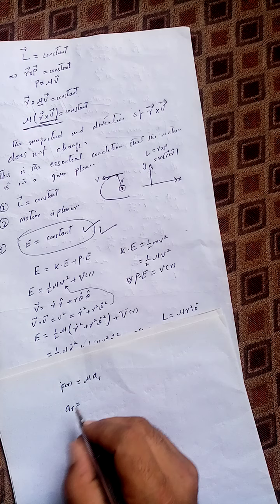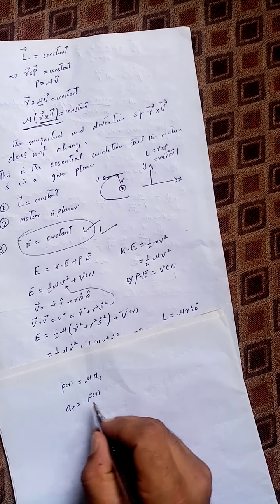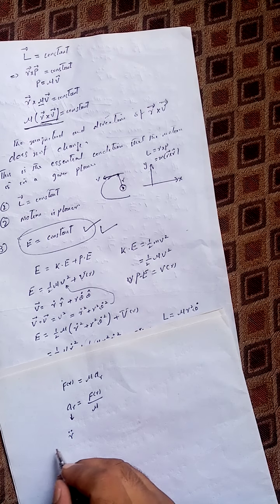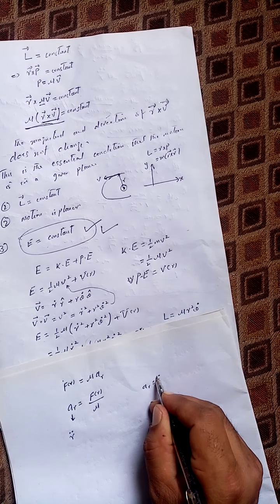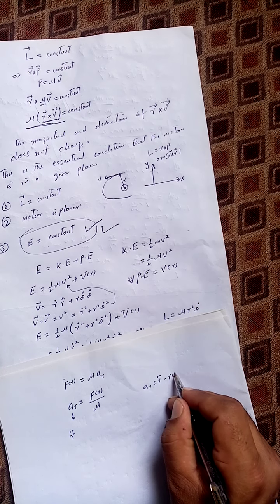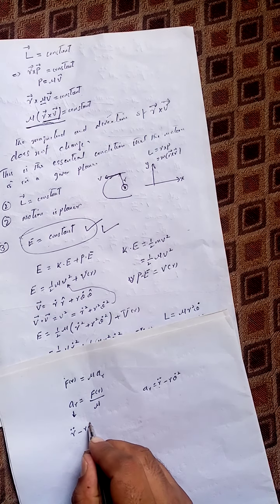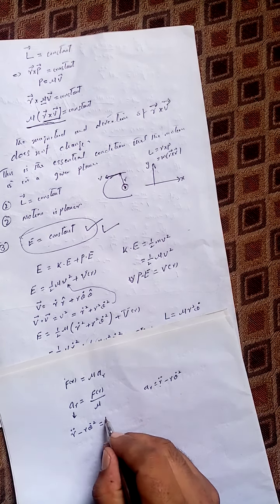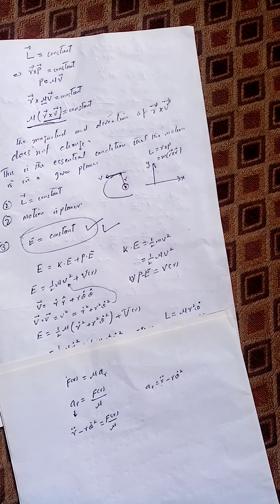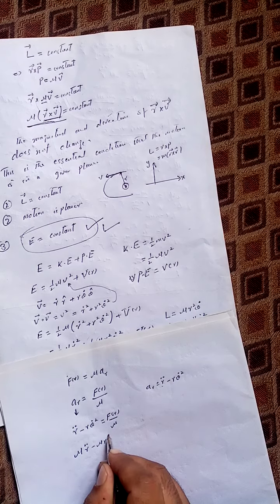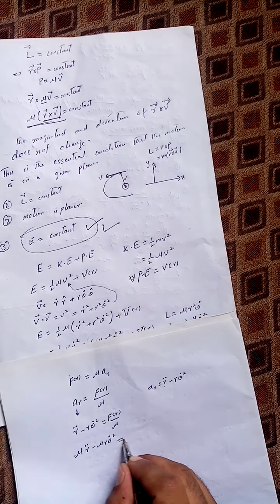Radial acceleration will be equal to force over mass, which is the reduced mass, and we know that the value for the radial acceleration a_r is equal to r double dot minus r theta dot square. So using this value here, we get r double dot minus r theta dot square is equal to F of r over mu. Now bring this mu to this side, we get mu r double dot minus mu r theta dot square is equal to F of r.